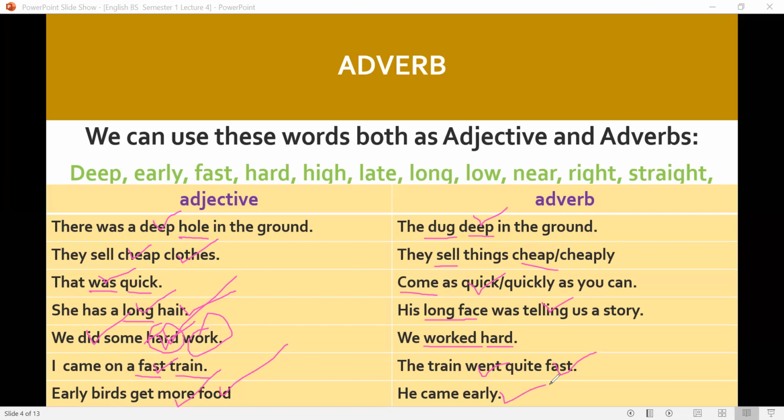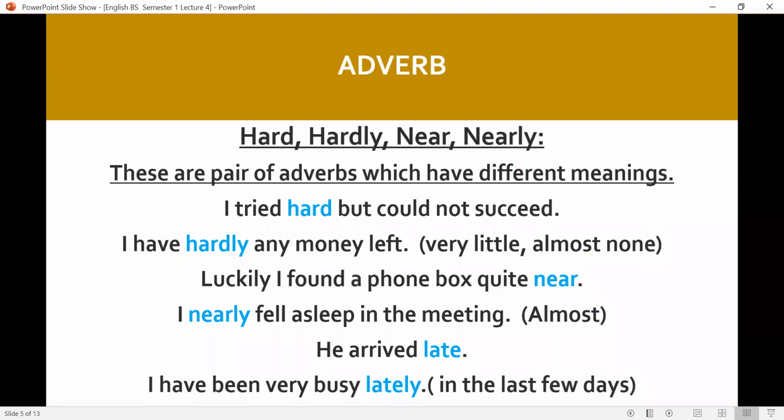Always keep in mind and think clearly about the construction of the sentence and the function of that word in that sentence. If you see the function of the word in the sentence, then you will clearly tell what kind of function it is playing and what the word is. Is it an adverb, an adjective, or has it come as a noun?